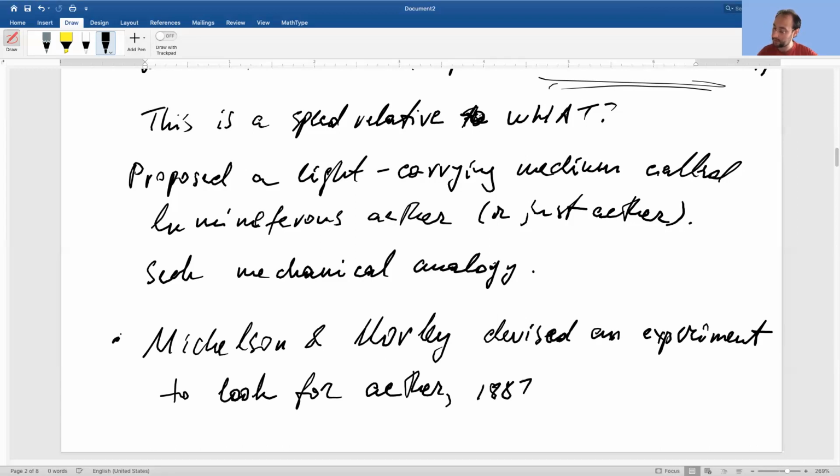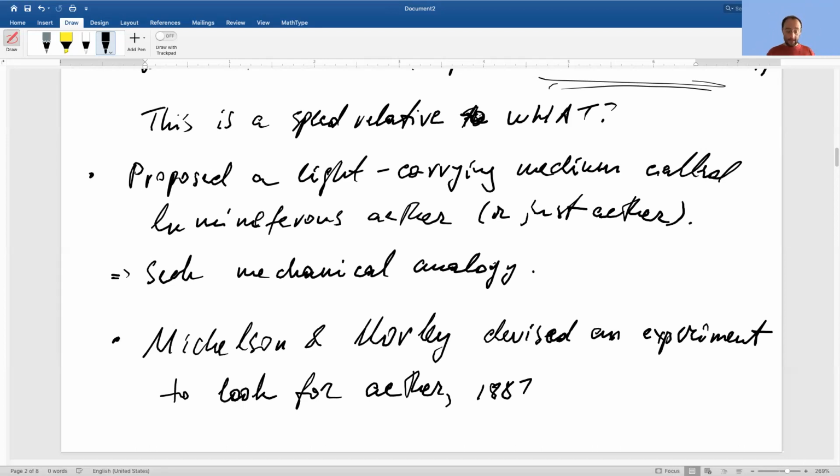These are kind of like bullet points. The experiment is described in your textbook, and you should read it. It's in the appendix.